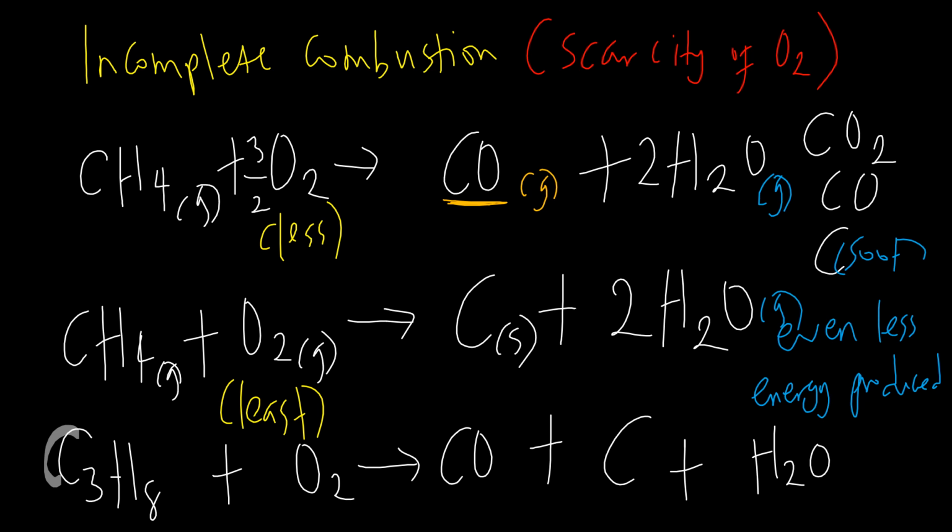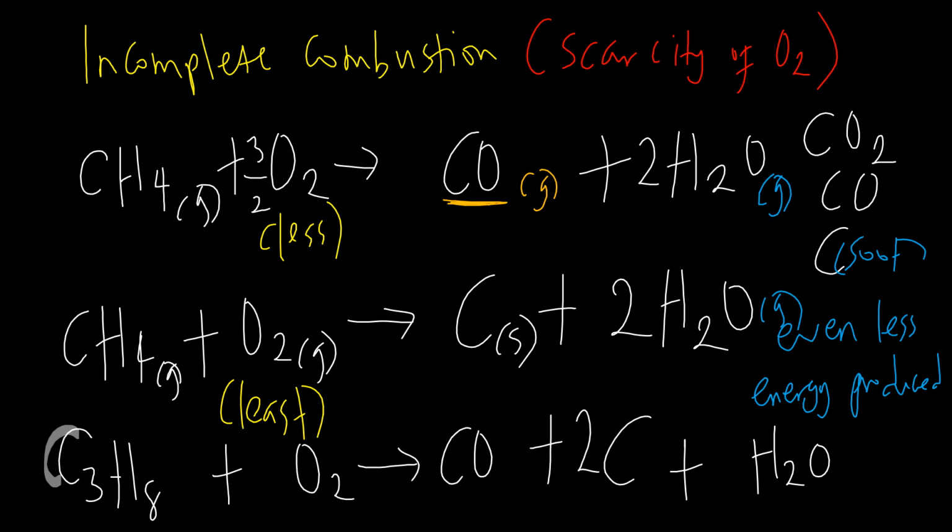This is actually something that could happen. So if I wanted to balance this, so I have 3 carbons on one side. It's usually easy to add more carbons to the thing that only has carbon. So I'm going to put a 2 on this side over here so I can get 3 carbons on the other side.